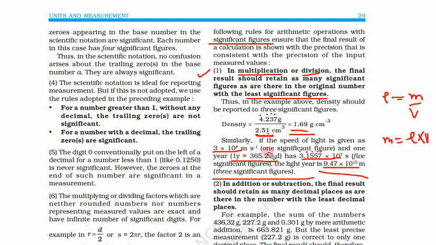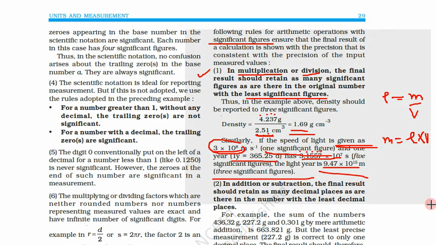Now the speed of light has only one significant figure, 3. But again we must remember this is a constant, this is given. So we always consider that there is no error in the given values.